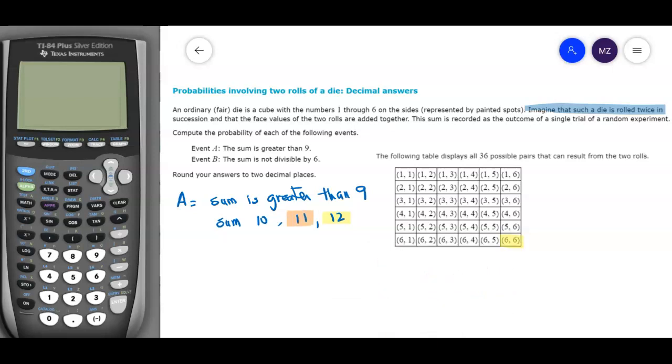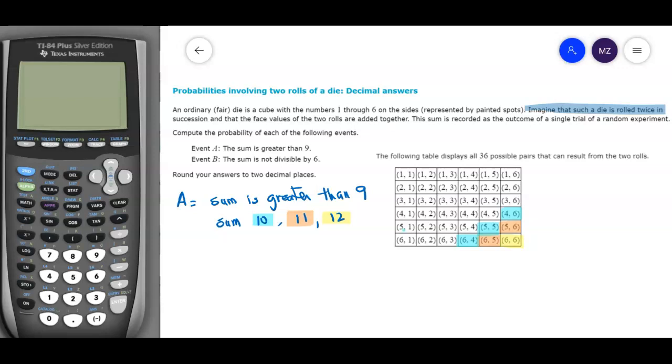Looking for 11, how can I get 11? I can get 6 and 5, or 5 and 6. There is no other outcome that can get you 11. That's the only two. Looking for 10, it could be 6 and 4, 5 and 5, or 4 and 6. There are no other outcomes that can give you 10.